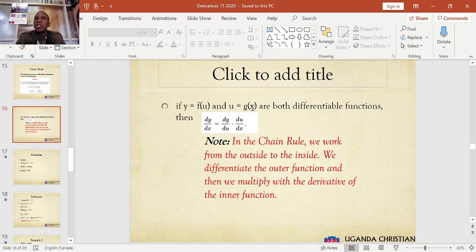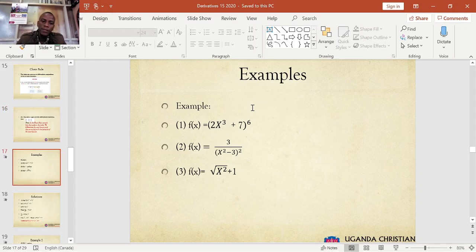So if you want to get the derivative of your performance with respect to how you eat, then we use the chain rule. Note, in the chain rule we work from the outside to the inside. We differentiate the outer function and then multiply with the derivative of the inner function.